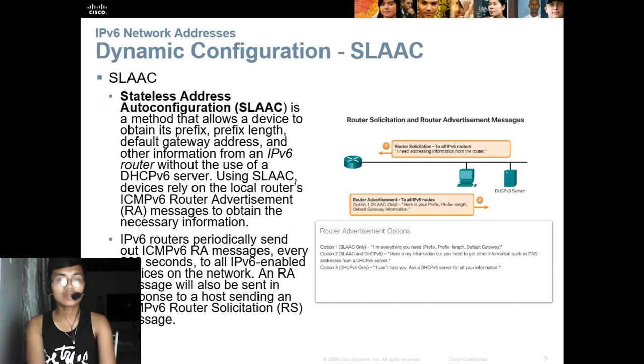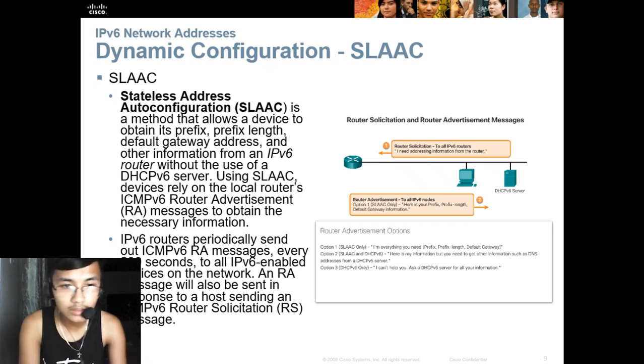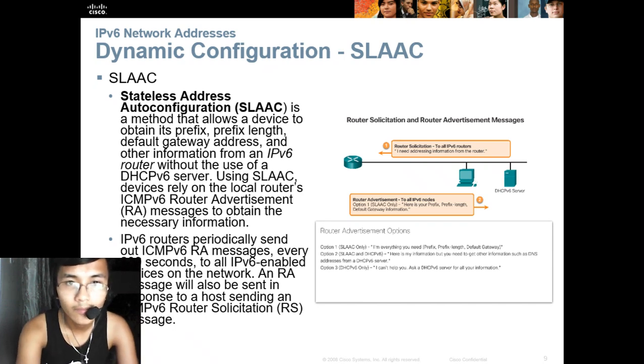Using SLAAC, devices rely on the local router's ICMPv6 router advertisement messages to obtain the necessary information. IPv6 routers periodically send out ICMPv6 RA messages every 200 seconds to all IPv6-enabled devices on the network. An RA message will also be sent in response to a host sending an ICMPv6 router solicitation RS message.